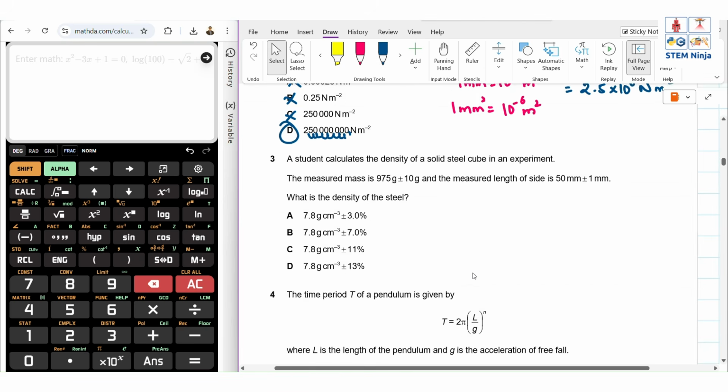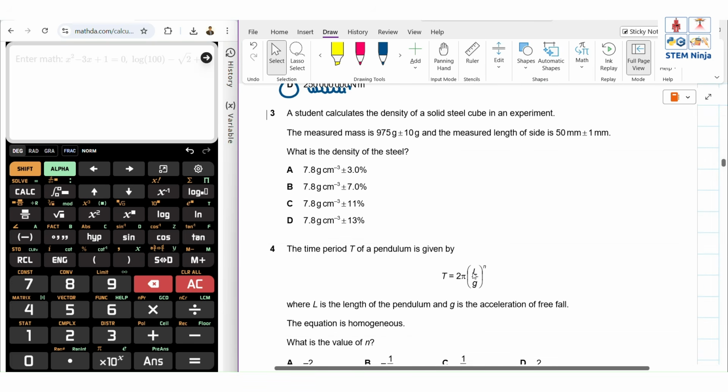A student calculates the density of a solid steel cube in an experiment. The measured mass is 975.10 grams plus minus 10 grams, and the measured length inside is 50 millimeter plus minus 1 millimeter. What is the density of the steel? Okay, so first thing you notice over here is that the length is given in millimeters, but the density is given in centimeters.